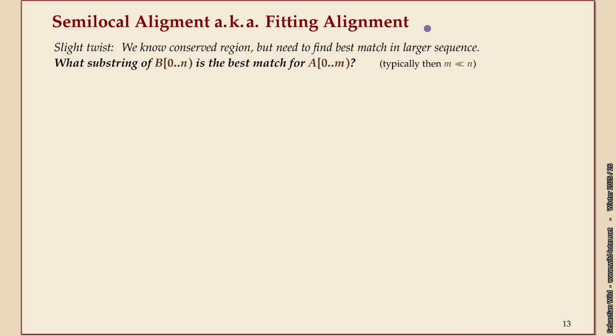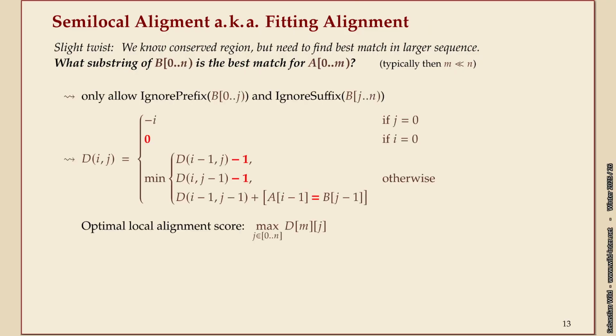Sometimes you know that one string is much longer than the other, and you're just trying to find a kind of fuzzy match of A as a substring in B. So you don't want to allow the prefix and suffix ignoring operations for B, but you do include them for A. This is much closer to finding fuzzy matches of a string in a longer string. So you can also try to solve it via methods there, but if you want the full generality of the scores, then you can use alignment algorithms.